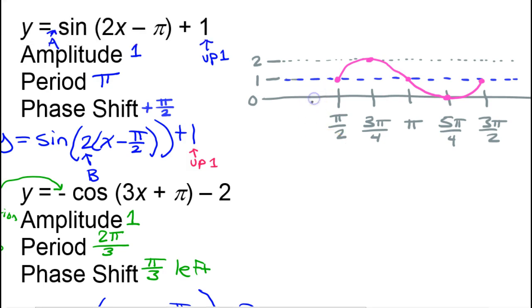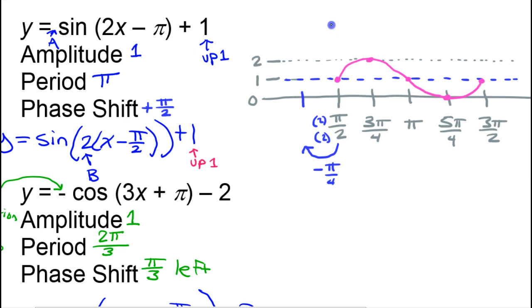So let's put some additional marks on here. Let's just do one at a time. So here's a new mark. If I were to go in this direction, I need to subtract pi over 4. So remember, I need like denominators, so I would have to multiply this by 2.